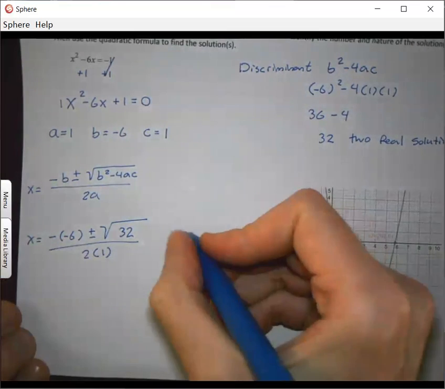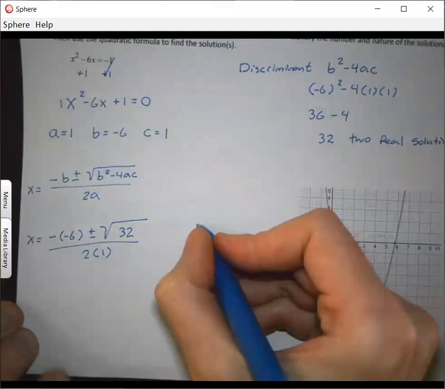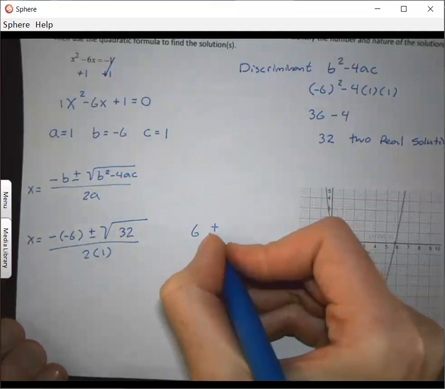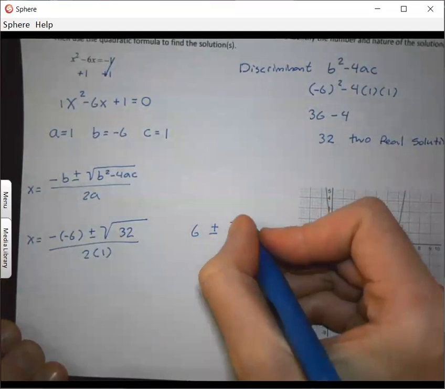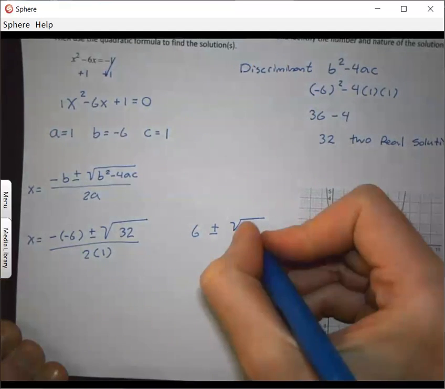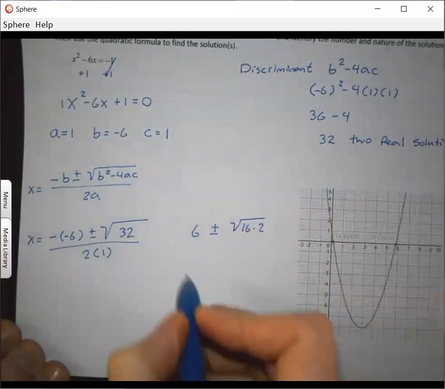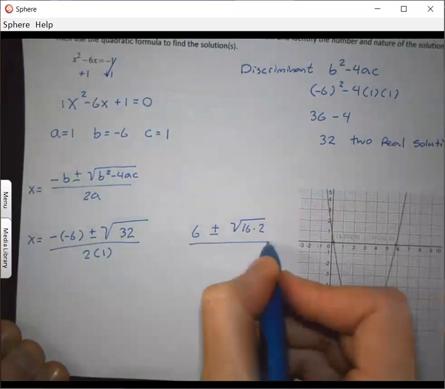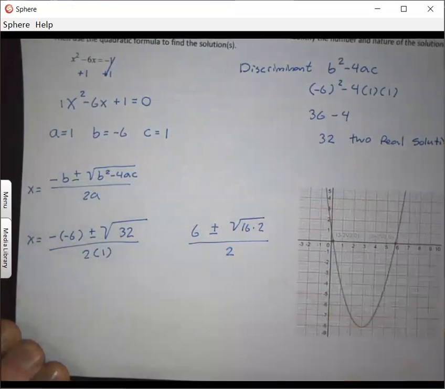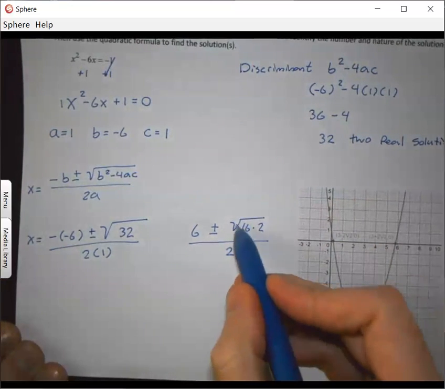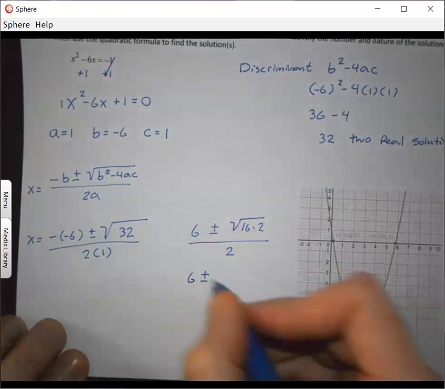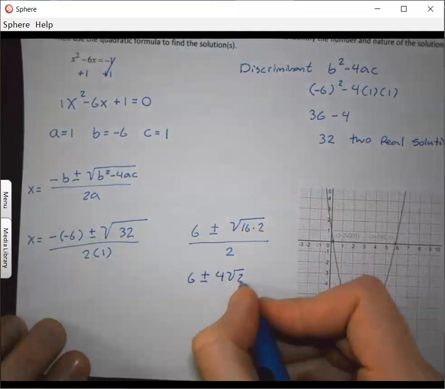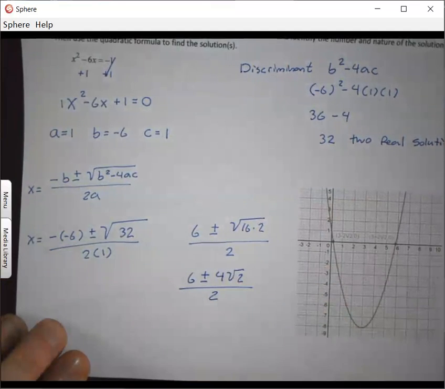So to simplify, minus 6 is positive 6, plus or minus the square root of 32, and 32 is 16 times 2. 2 times 1 is 2. The square root of 16 is 4. So it's 6 plus or minus 4 root 2 over 2.